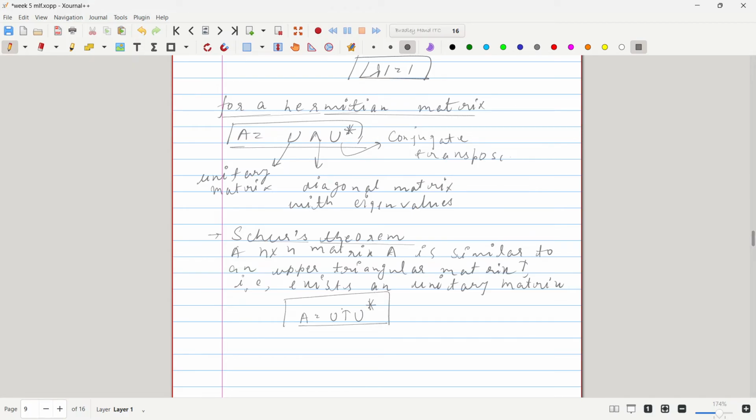Here T will be your upper triangular matrix.